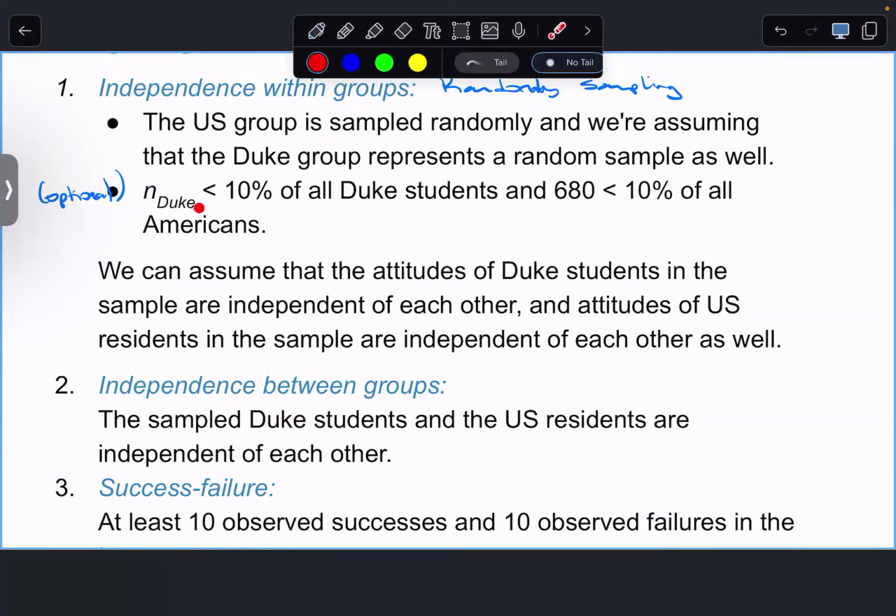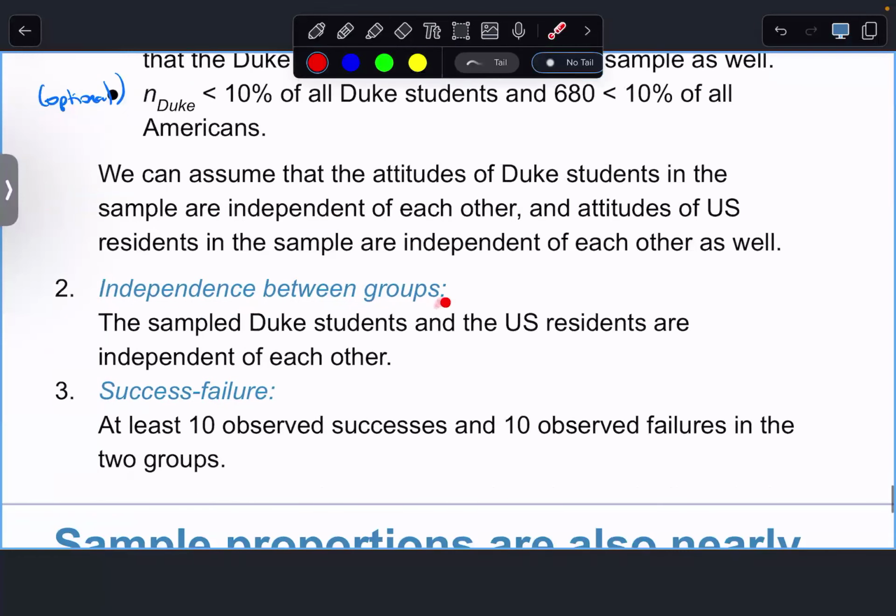Your sample size has to be less than 10% of the population. That's just to make sure that you're not introducing too much of the population, and then they wouldn't be independent anymore. But that's never an issue. And so I say it's optional. And so that's the main thing, is that we have independence within the groups, but also between the groups, right? Still done by randomly sampling.